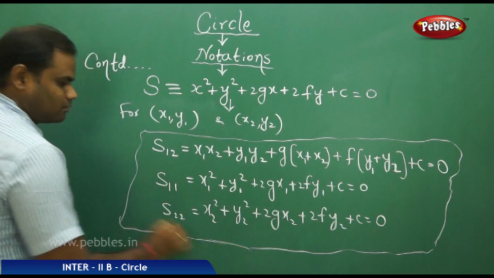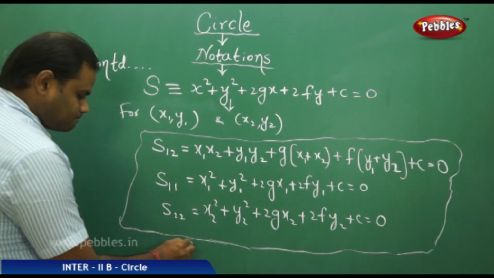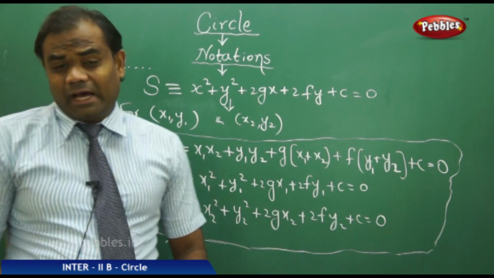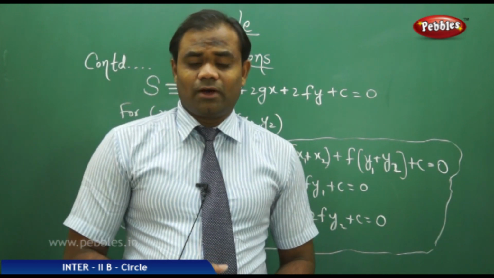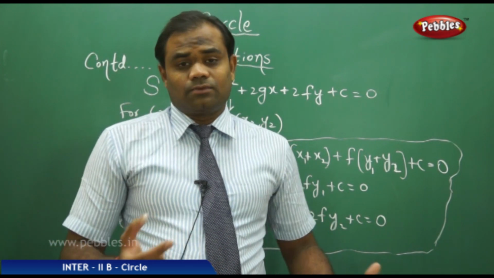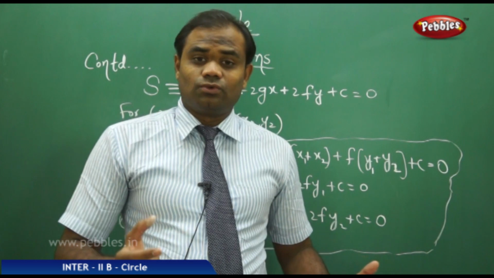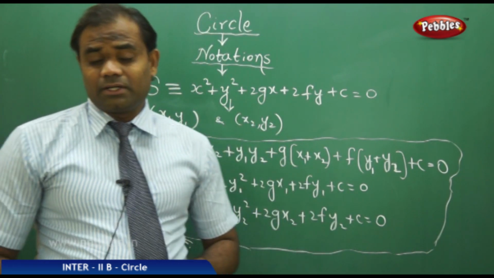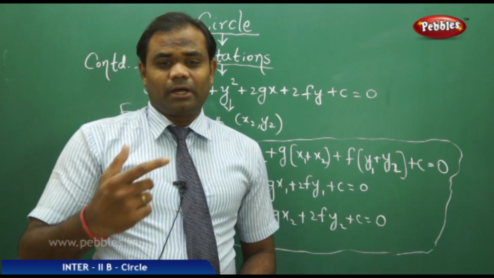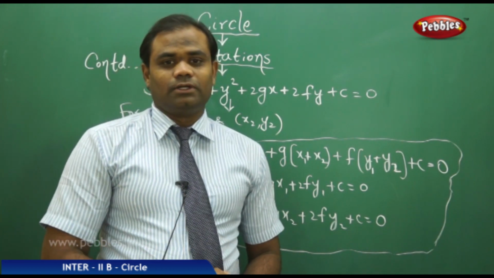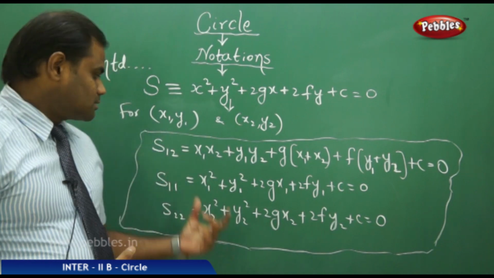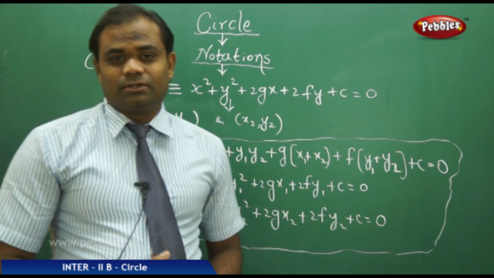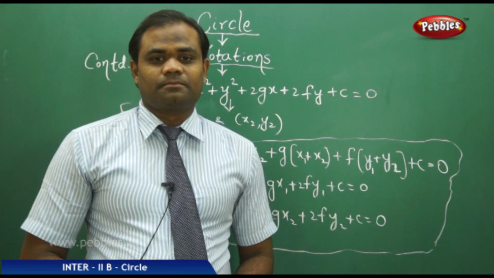So this is how we have various notations for S1, S2, Si, S11, S12, S22, etc. These are the various types of notations which we need to understand, because when we come across many topics in the future, we need to utilize these formulae in application of various concepts.